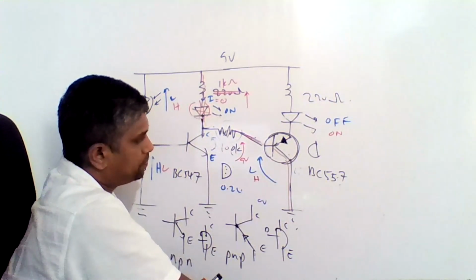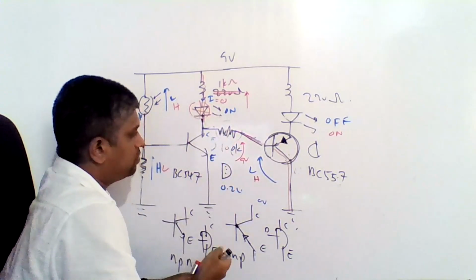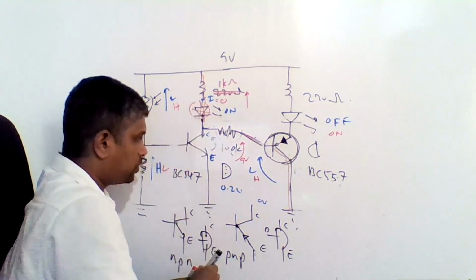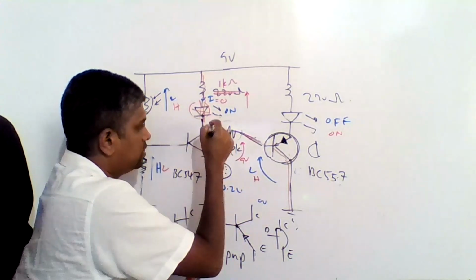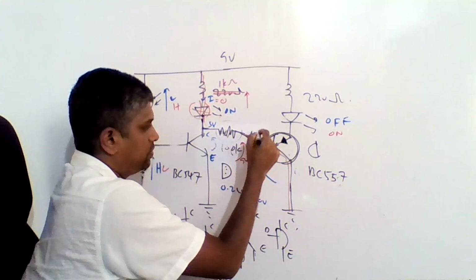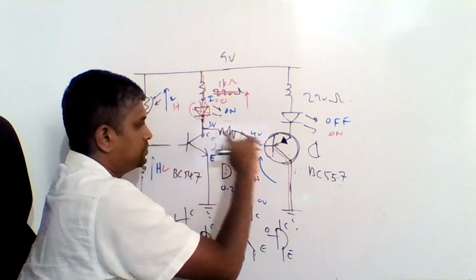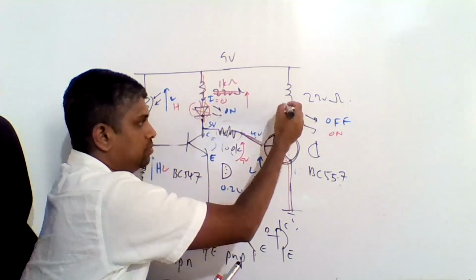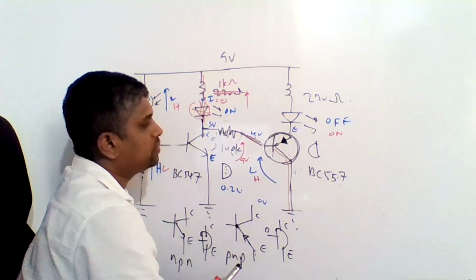Let's say when this is on, the voltage at this point is 5 volt. This one, let's say 4 volt or 5 volt. Anyway, there's a voltage. The base emitter voltage is the important one.